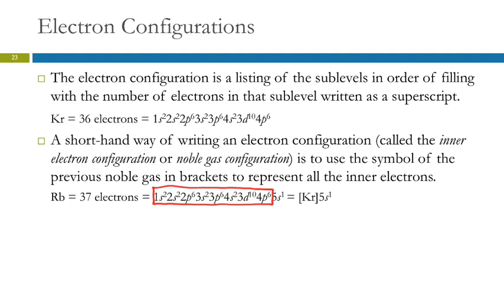So instead of writing all of that out, we just write the element symbol for krypton in brackets, and we understand that that is an abbreviation for the electron configuration of krypton, and then 5s1. So you need to be able to do it both ways and to understand what we mean both ways.